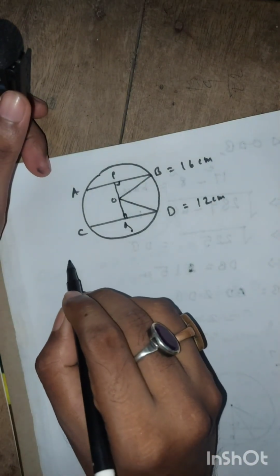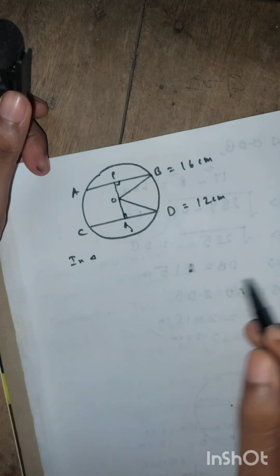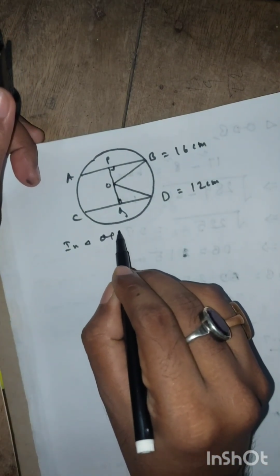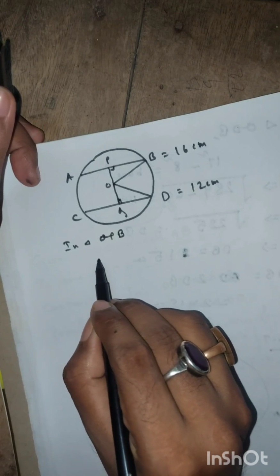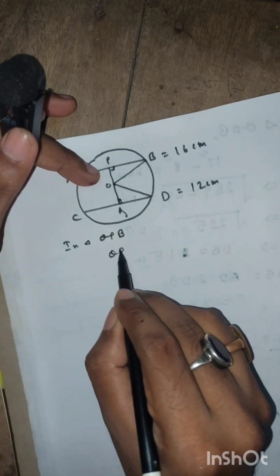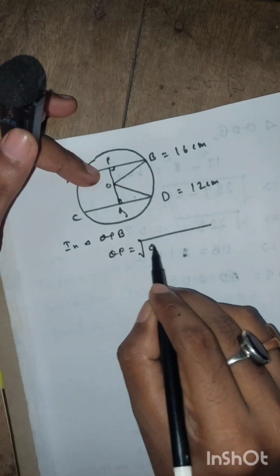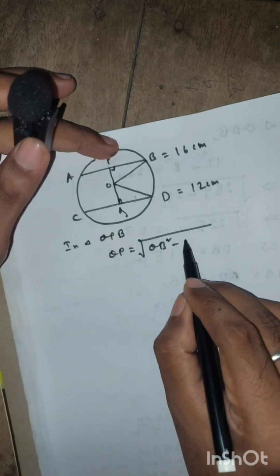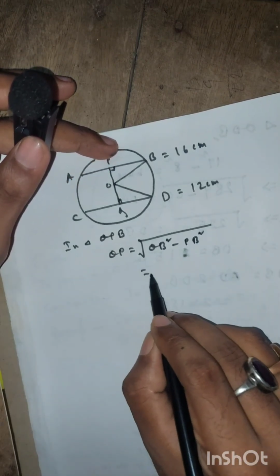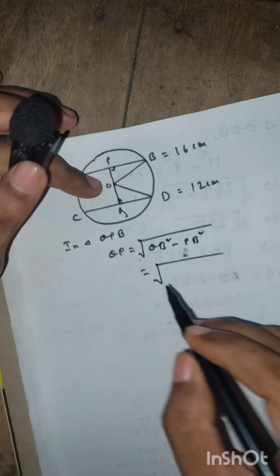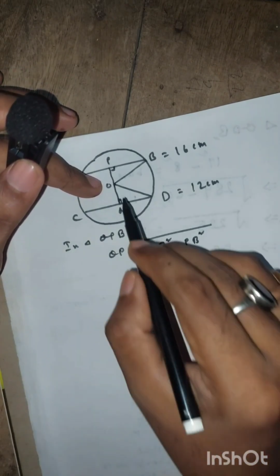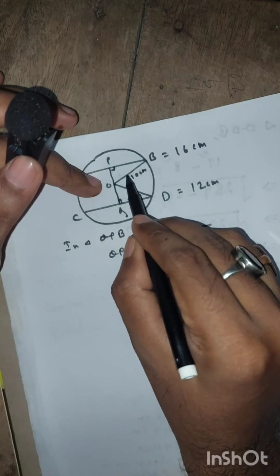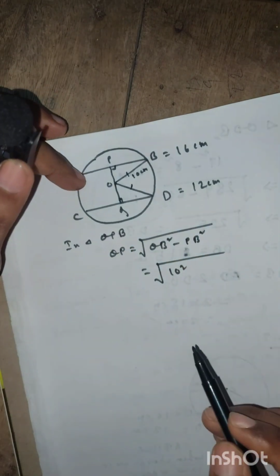Now in triangle OPB, OP equal to root over OB square minus PB square. OB is 10, as it is the radius. This is 10 centimeter. This is also 10. These two are radius.